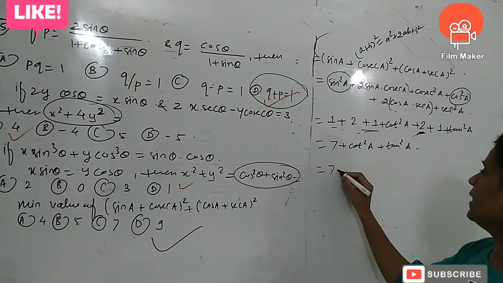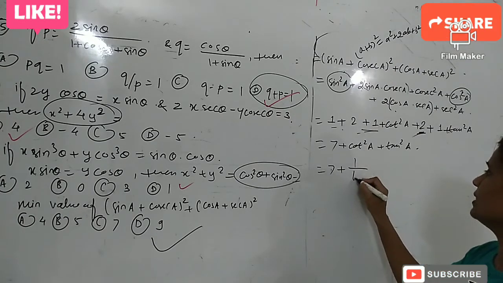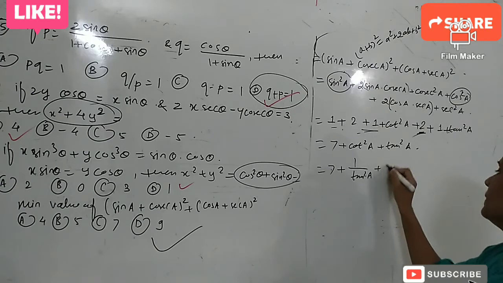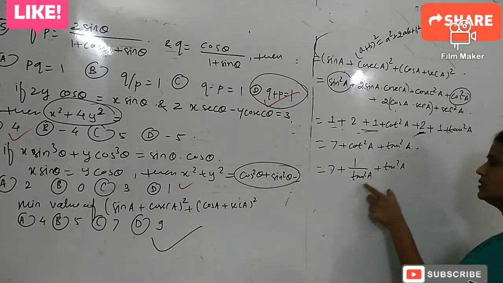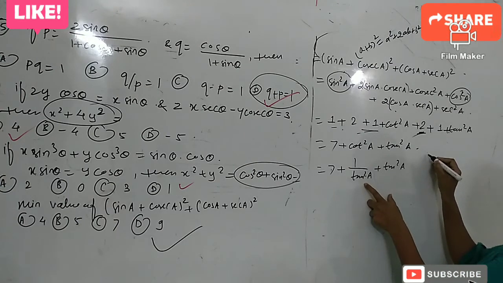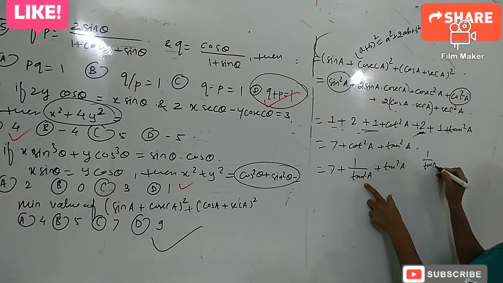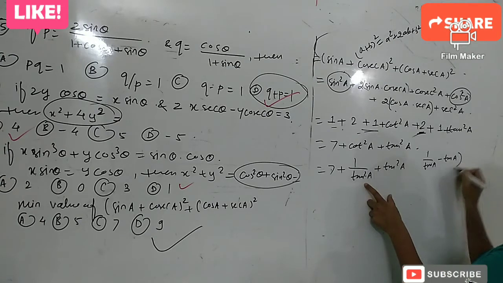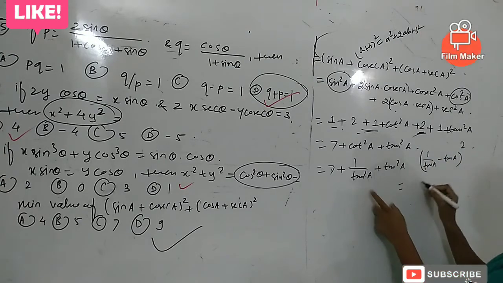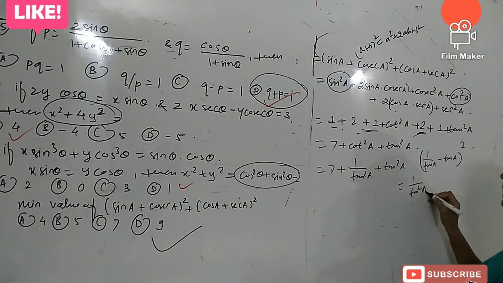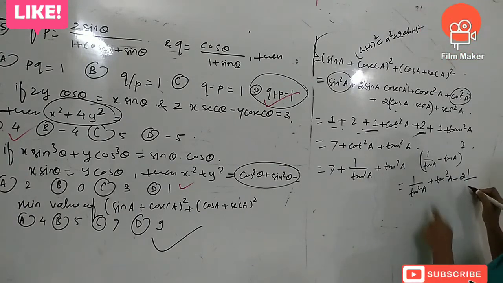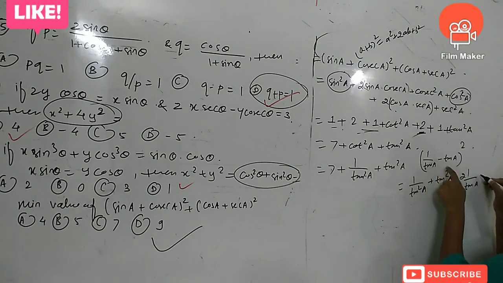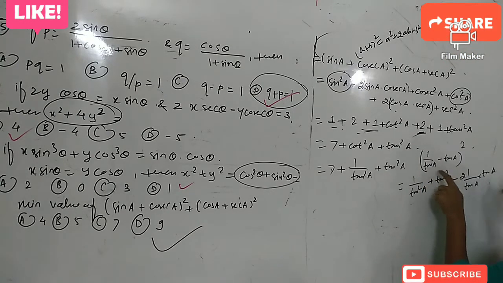Okay, so you can write this cot square means it is 1 upon tan square A plus tan square A. So I am just putting this value of this expression. So this, I can write as 1 upon tan A minus tan A and whole square. So after squaring it will get 1 upon tan square A plus tan square A minus 2 times 1 upon tan A into tan A. So it is again from the same identity that A minus B whole square.